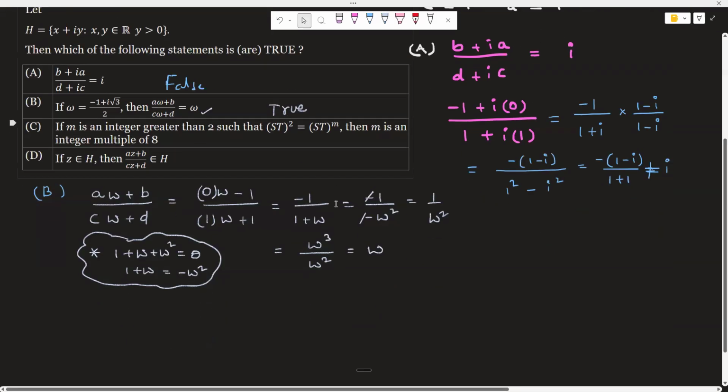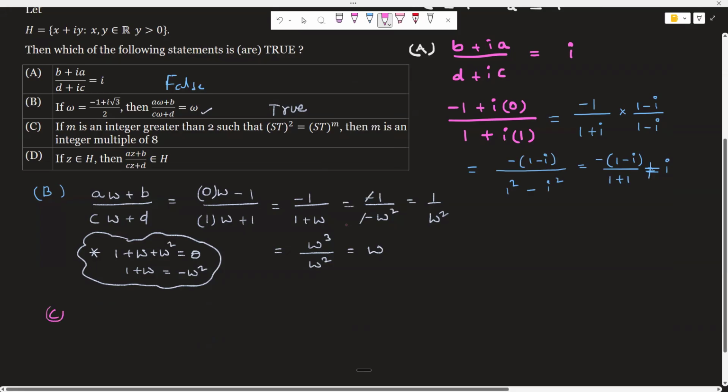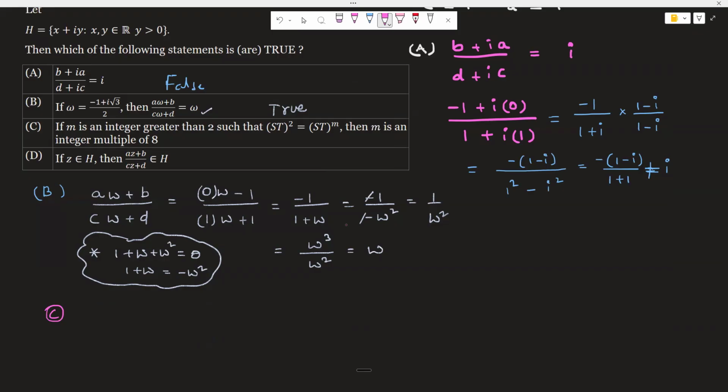Let's move to option C. What is option C stating? m is an integer greater than 2. So let us do ST square and so on. It's stating (ST) power m, where m is an integral multiple of 8.